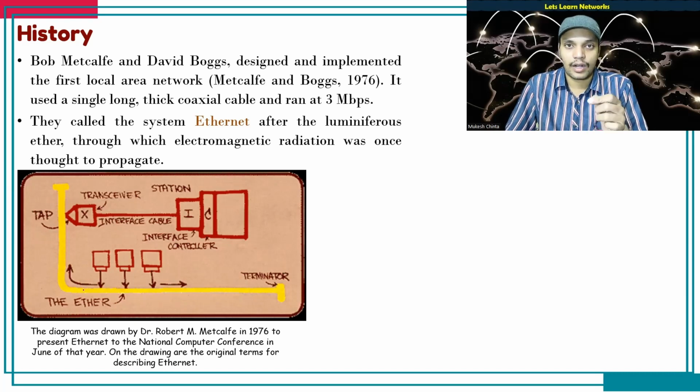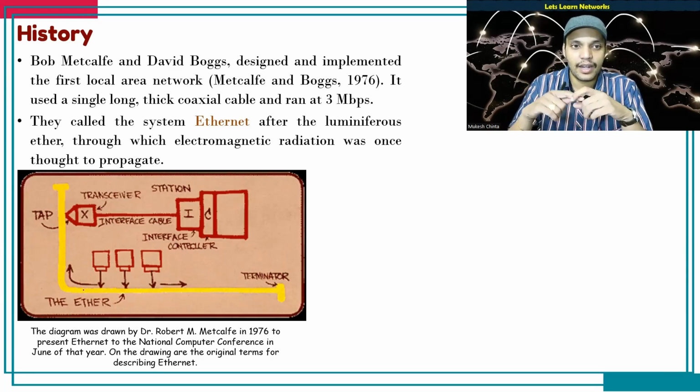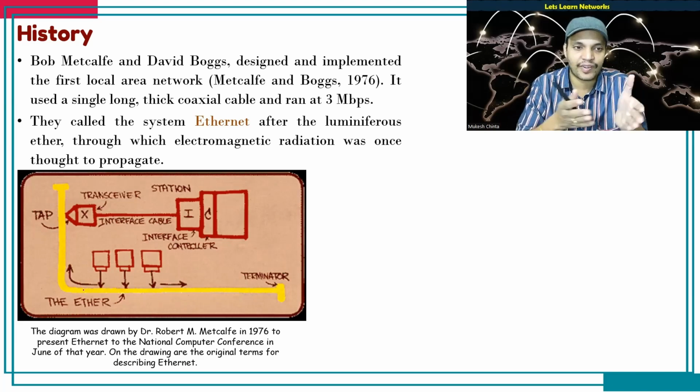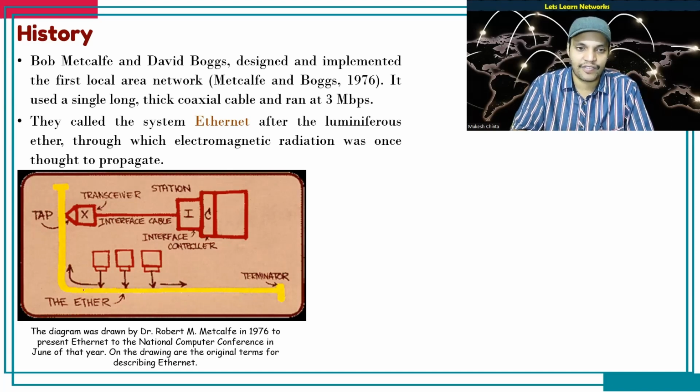This particular model used a single long thick coaxial cable, and it ran at 3 Mbps. They called the system Ethernet, from the name ether. Ether is the luminiferous ether through which electromagnetic radiation was once thought to propagate. So they named this network after the cable they used to connect the different systems.